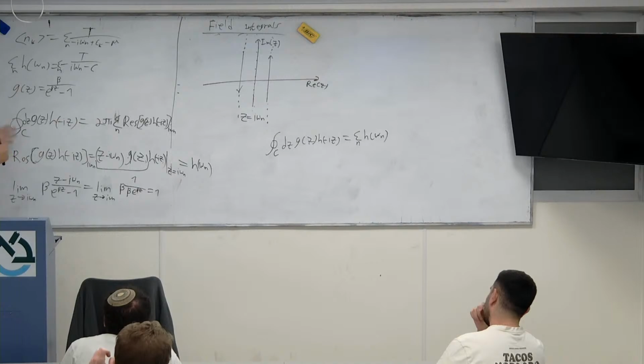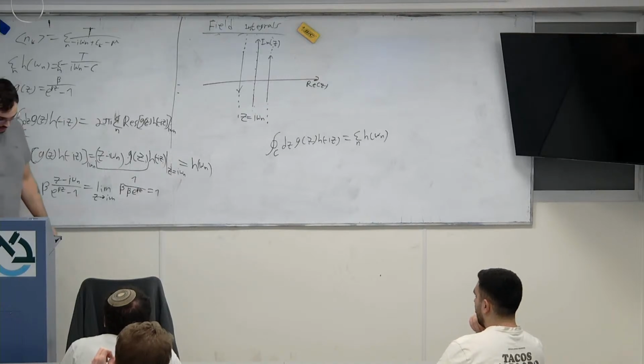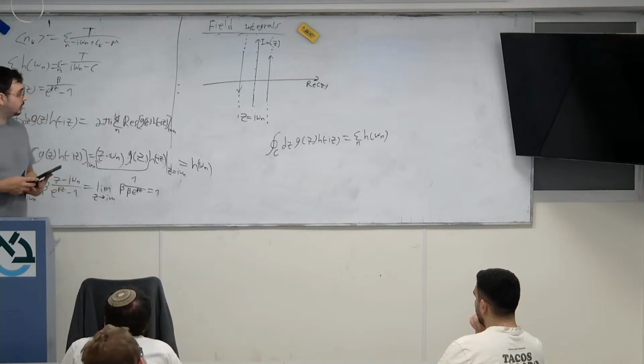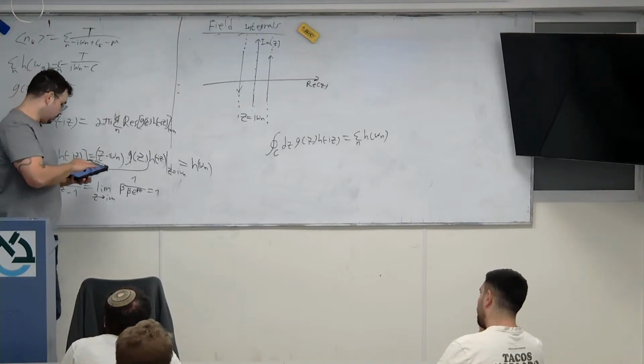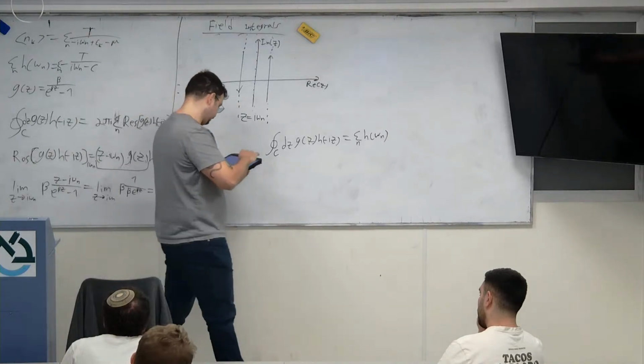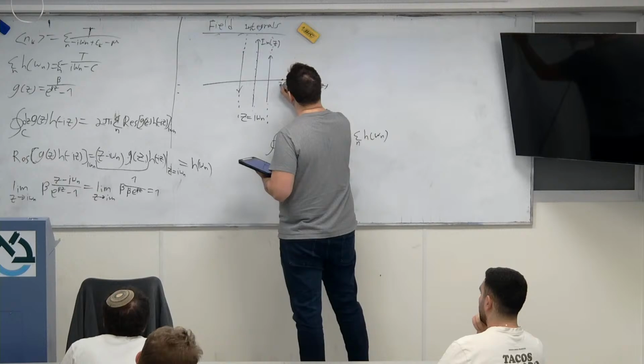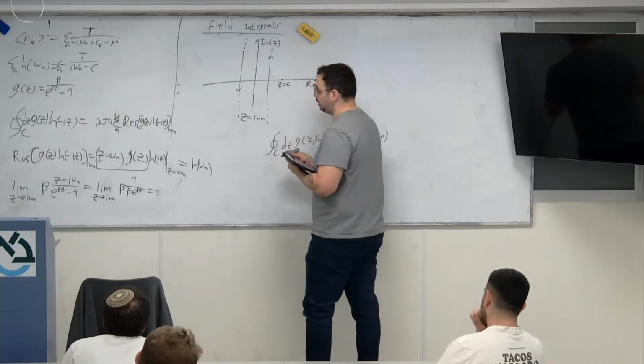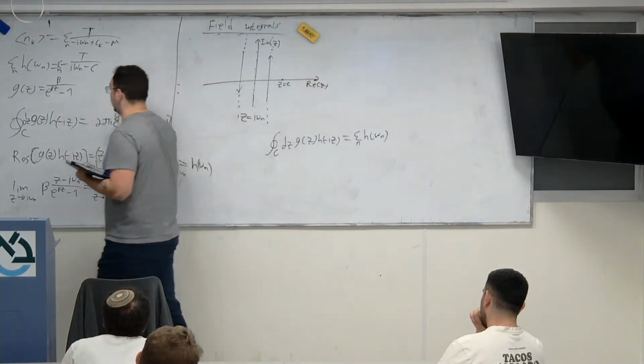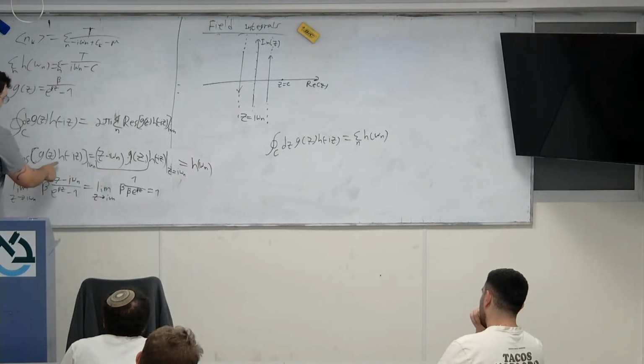So we'll note that we have another pole in this graph, where z equals c. Why? Because when z equals c, we get h of minus i c, minus i times i is 1, c minus c, infinity.